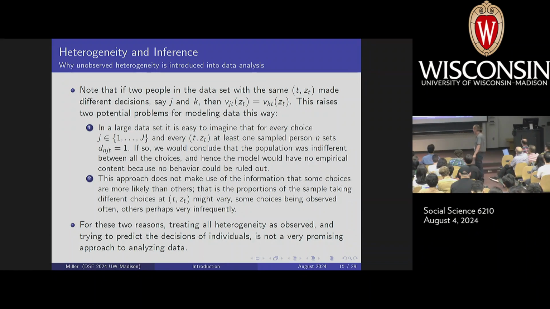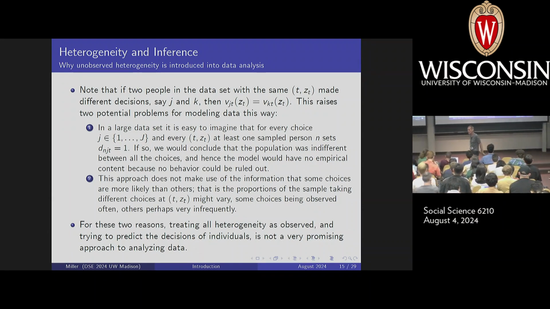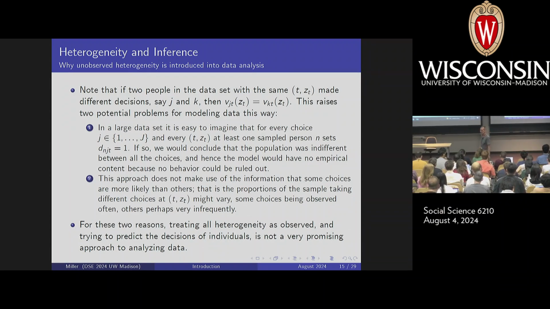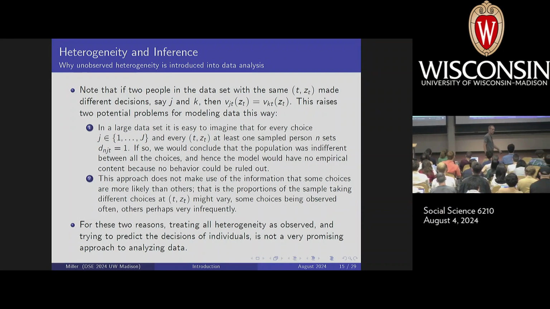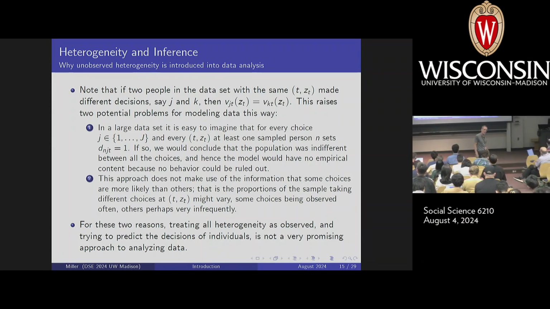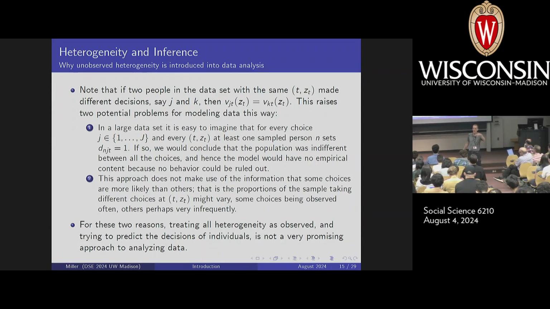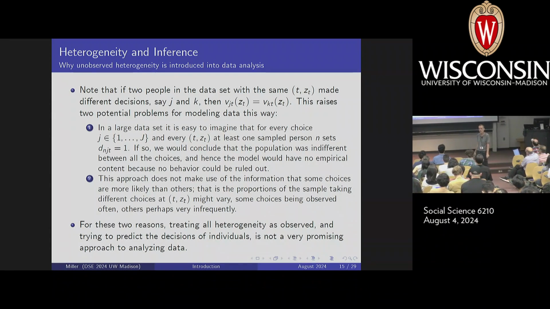Might have that anyway. And if you did have that, what would you be able to conclude? What would you be able to say? Almost nothing, because they'd be indifferent. Your model would say they're indifferent. You have no empirical content.